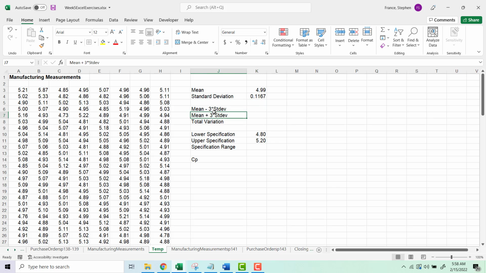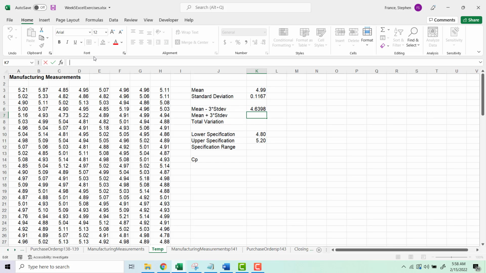Now what we're going to do is calculate the range of our Six Sigma, e.g. 3 standard deviations in either direction. So this is going to be the mean minus 3 times the standard deviation. So minus 3 times this value.